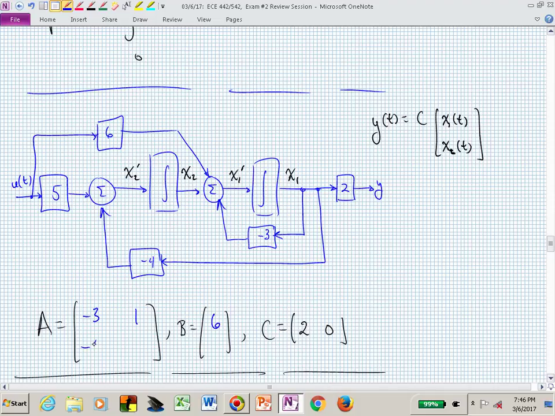Yes, with a gain of minus 4. Does x2 feed in to build up x2 prime, or the time rate of change of x sub 2? No, so there's a 0. We have one more input, and that's 5, that scales U.